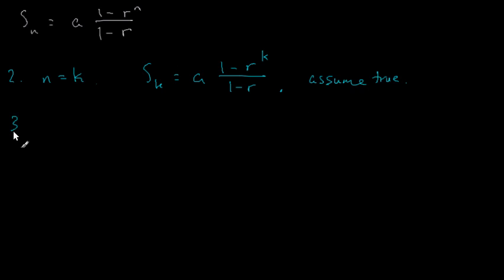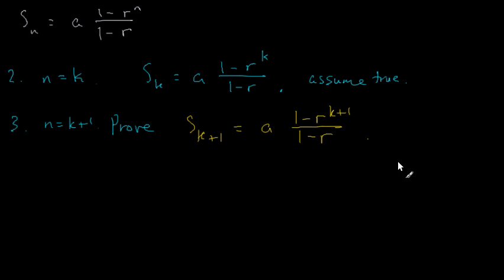And in step 3, I need to prove it for n equals to k plus 1. I need to prove that S(k+1) is equal to a(1 minus r^(k+1)) over 1 minus r.